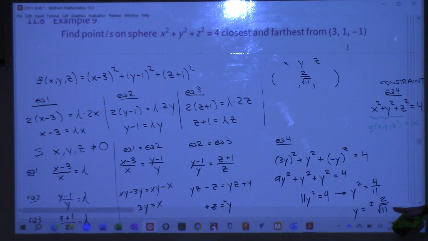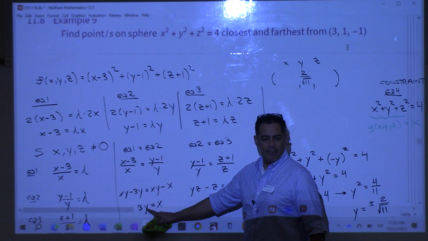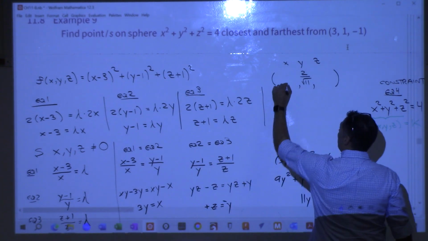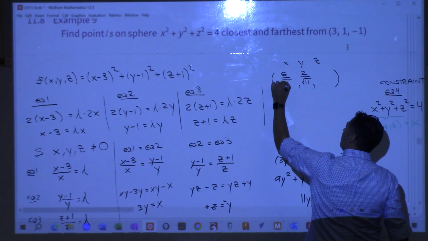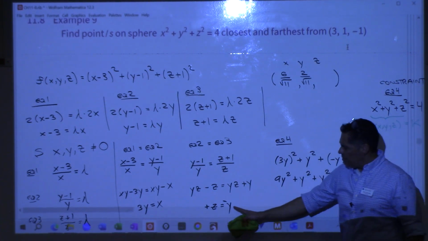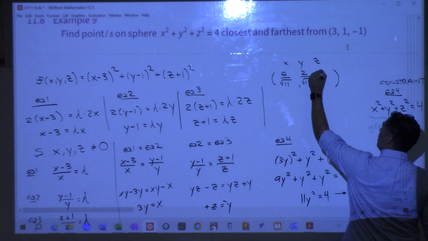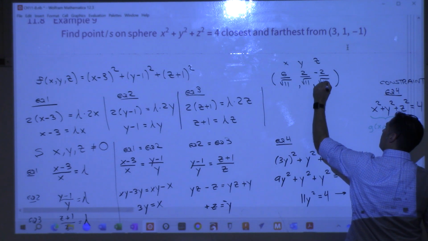If that's what y is, what's x? So come back here. 3 times that, right? Yeah. If I multiply that times 3, I get 6 over root 11. And then what's z? z is the opposite sign of y, so it should be negative 2 over root 11. There we go.